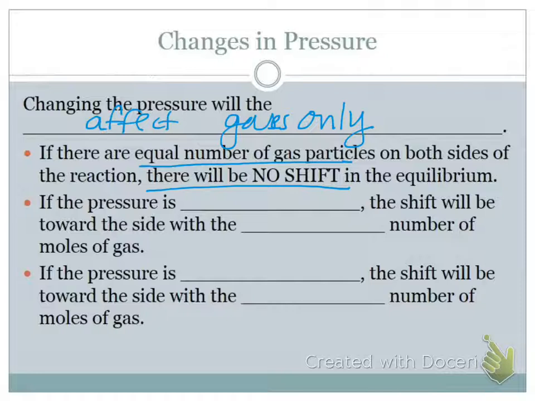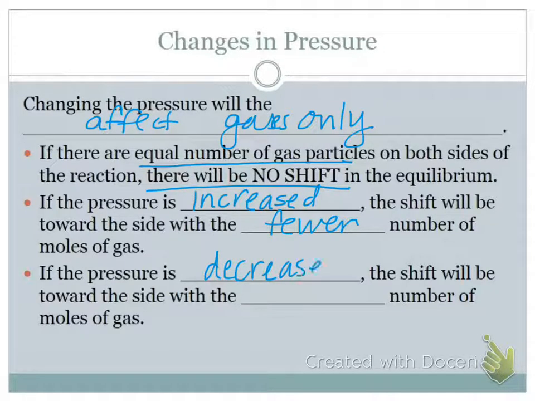When we're looking at the number of particles, we're looking at the moles of gas. If you have a non-equal number of moles on each side and the pressure is increased, it will shift toward the side with fewer moles of gas. If the pressure is decreased, it will shift toward the side with more moles of gas.